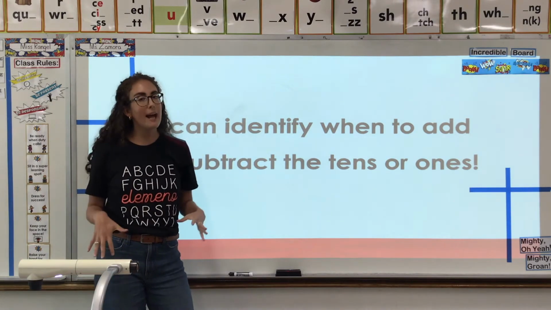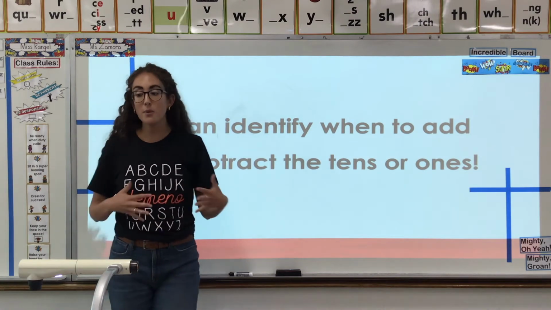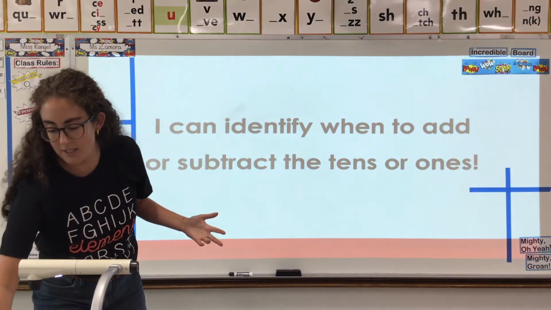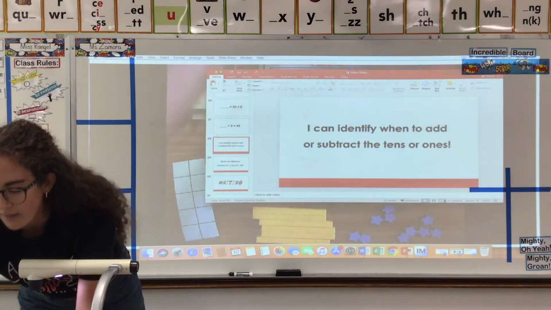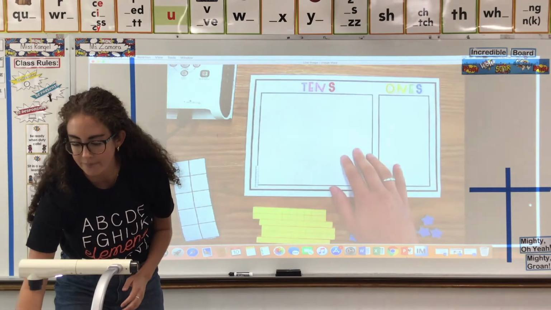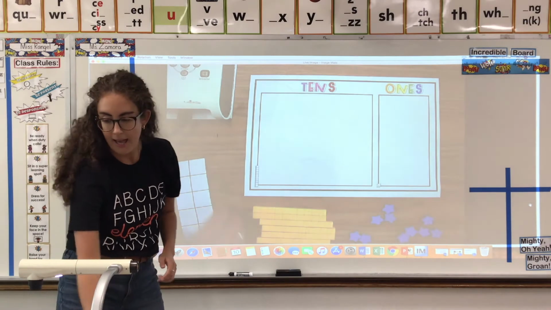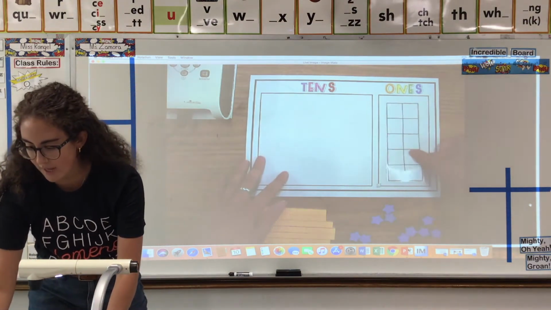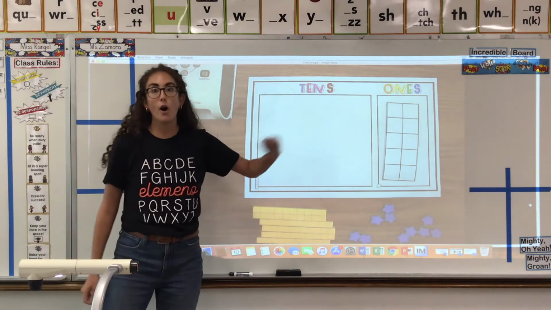So let's get out our place value chart and I can show you what we mean. So you will need your place value chart like I just said and all your little goodies with it as we practice today. So awesome, here's mine. I've got my sticks, I've got my counters, and my 10 frame as well. Perfect. So you're going to need all your goodies.